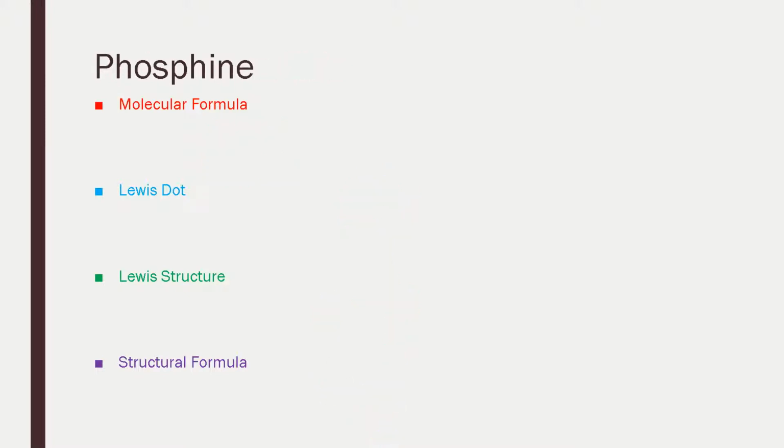Next we have phosphine, and the molecular formula for phosphine is PH3, and the Lewis dot of this has P as the center with 3 H's surrounding it. Of course, there's a bond, and P needs an octet, so we will have a lone pair up there.